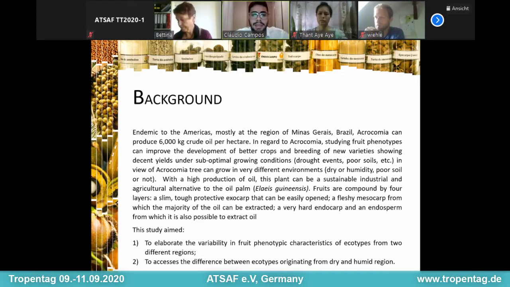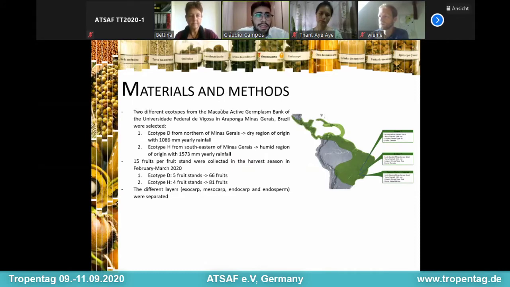This study aimed to understand if the origin of the genotype has an impact on the fruit's biometrics. So in the harvest season, two different ecotypes were selected from the Macaúba Active Germplasm Bank of the Universidade Federal de Viçosa in Araponga, Minas Gerais: ecotype D and ecotype 8.